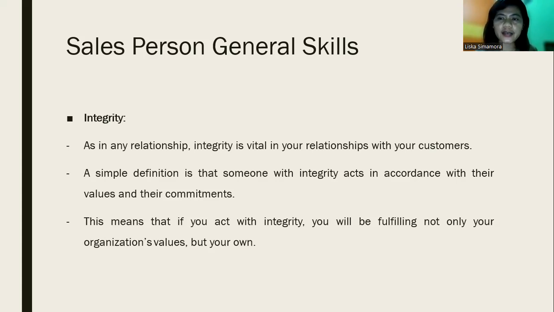You have to tell them the good and the bad of the products. That's integrity. If you act with integrity, you will be fulfilling not only your organization's values, but your own. So you keep the value of your organization and you keep the value of yourself. That is integrity.